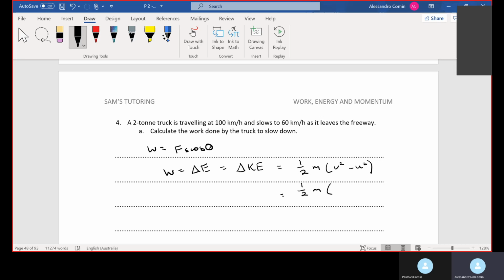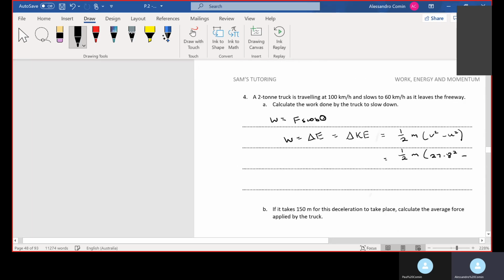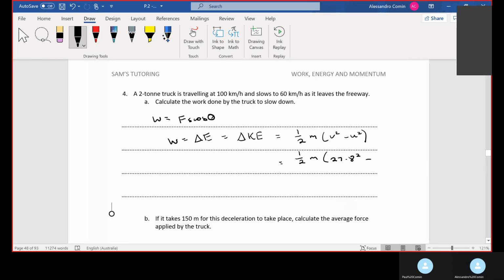Remember, you must convert kilometers per hour into meters per second. So we're going to have 27.8 squared minus 16.7 squared. And then whatever that is equivalent to would be the answer.